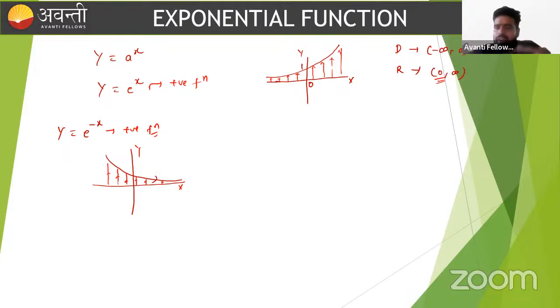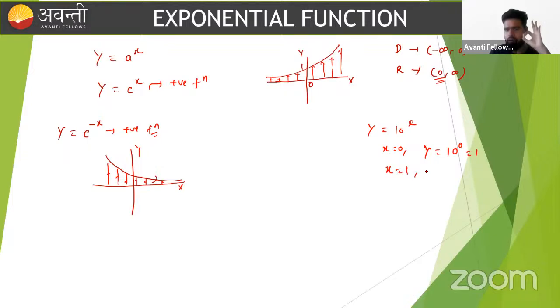Can you feel what is the nature of logarithmic? Sir, very slow. What is the exponential? Very fast. Let's feel. Beta, if we have a function y equal to 10 raised to power x, let's put x equal to 0 here. What is the value of y? Sir, 10 raised to power 0, this will be equal to 1.